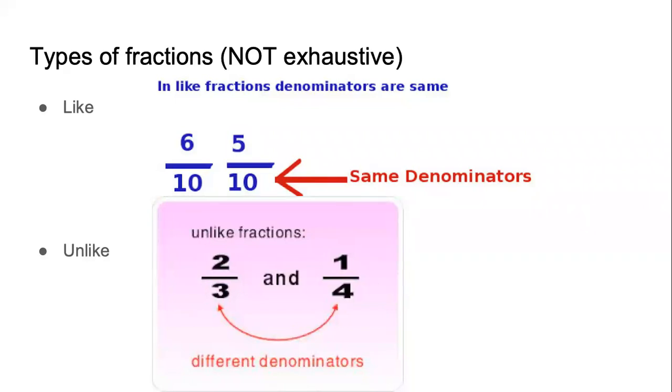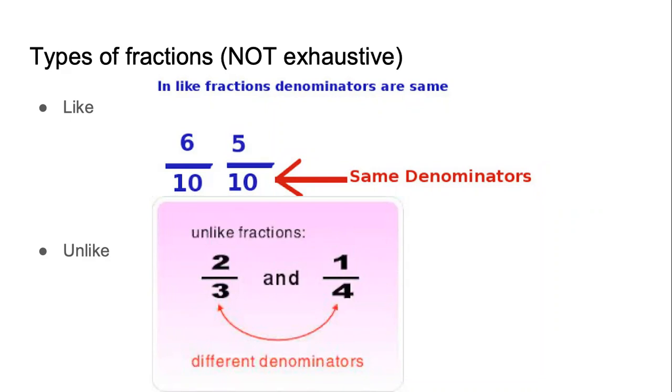If we have two or more fractions with the same denominator, then the fractions are called like fractions. If we have two or more fractions where the denominators are different, then the fractions are called unlike fractions.